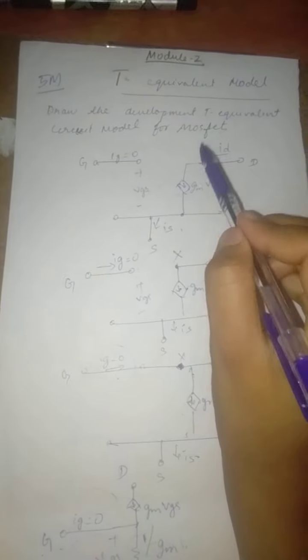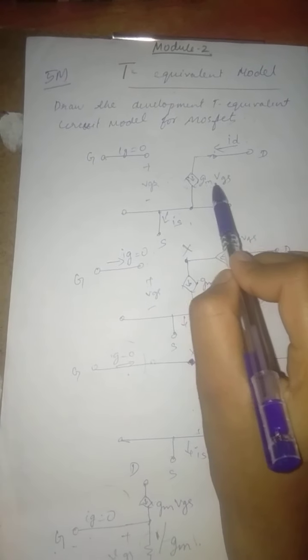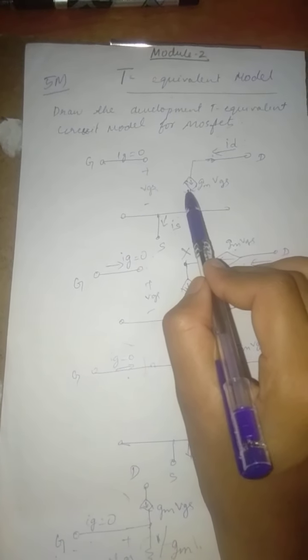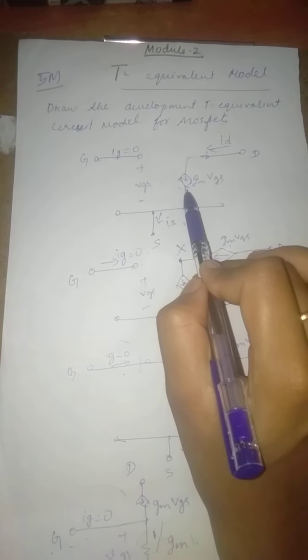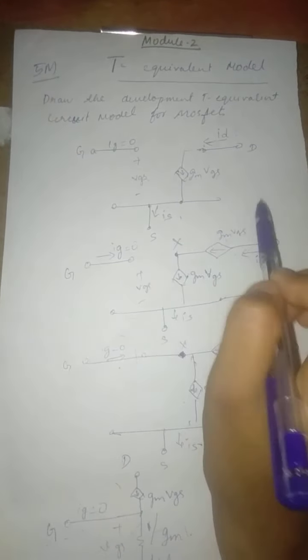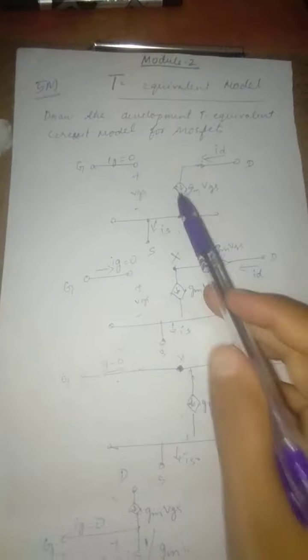Now when you observe, in the previous exact model we just added a resistance over here in parallel to this controlled source, right? So you cannot do that actually, but here we are not doing it.